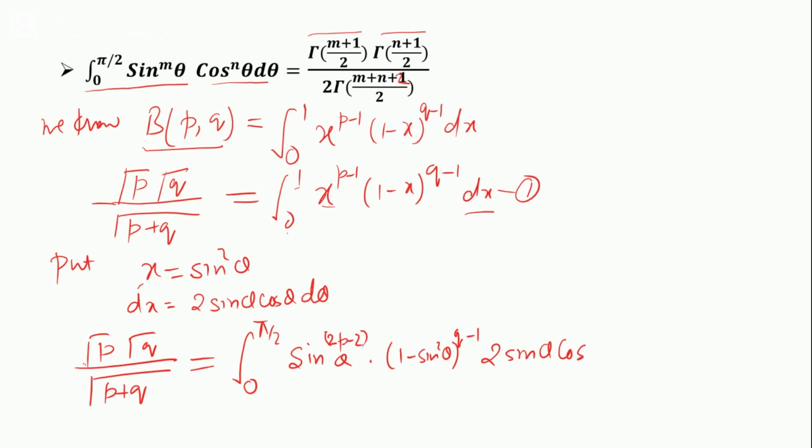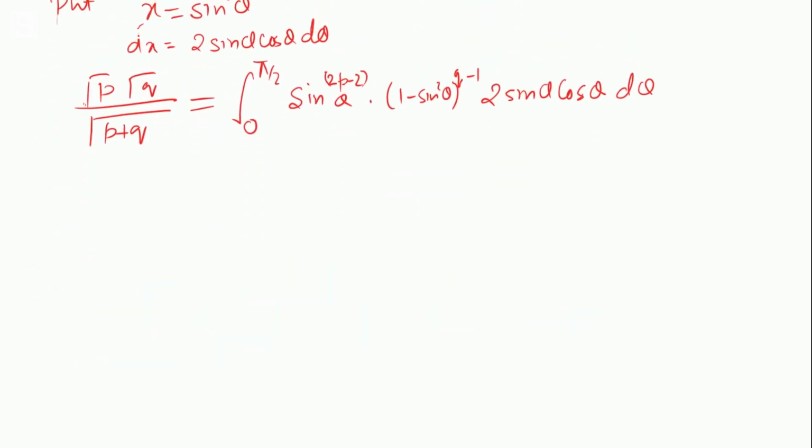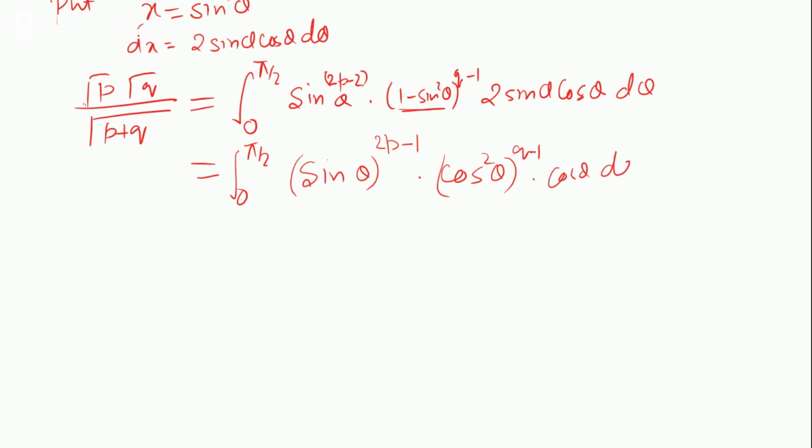d theta. Now if we simplify this, so we write sine theta raised to power 2p minus 1, and 1 minus sine square theta we write cos square theta raised to power q minus 1, into cos theta d theta.